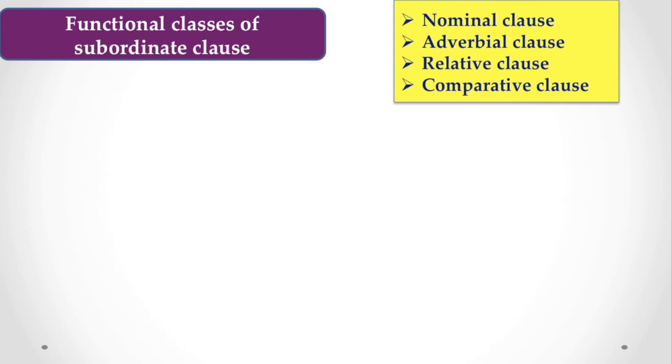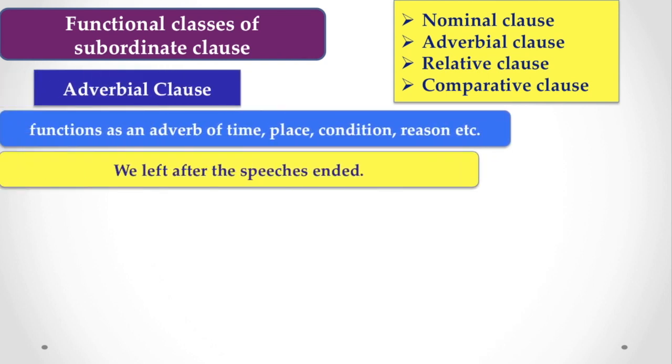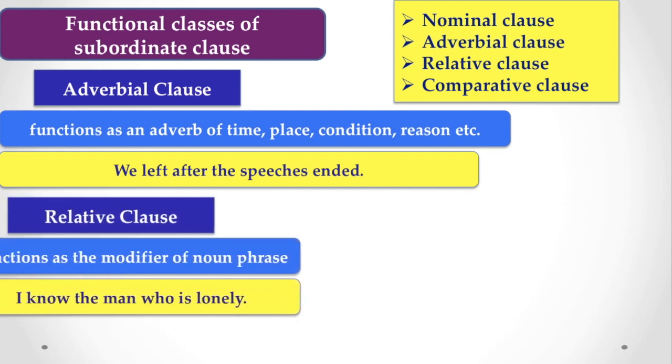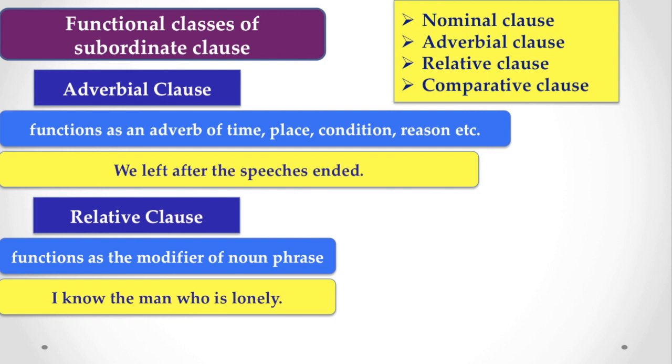Now, another important functional subdivision of subordinate clause is the adverbial clause. Adverbial clause functions as an adverb of time, place, condition, reason, etc. We left after the speeches ended. And relative clause functions as the modifier of a noun phrase.